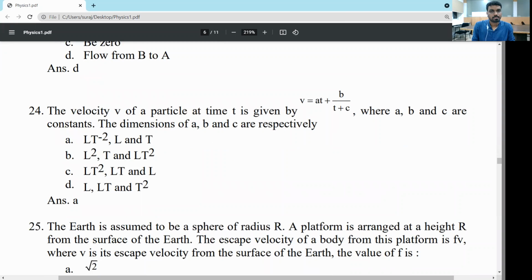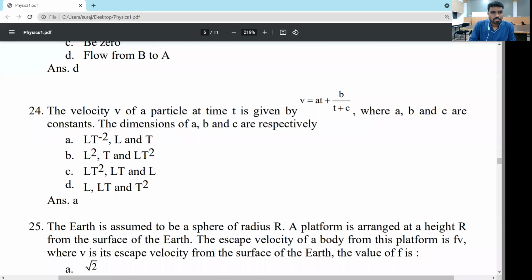Number 24. The velocity of a particle at time t is given by v equals at plus b by t plus c, where a, b, c are constants. The dimensions of a, b, and c are respectively? There is some connection problem, students.